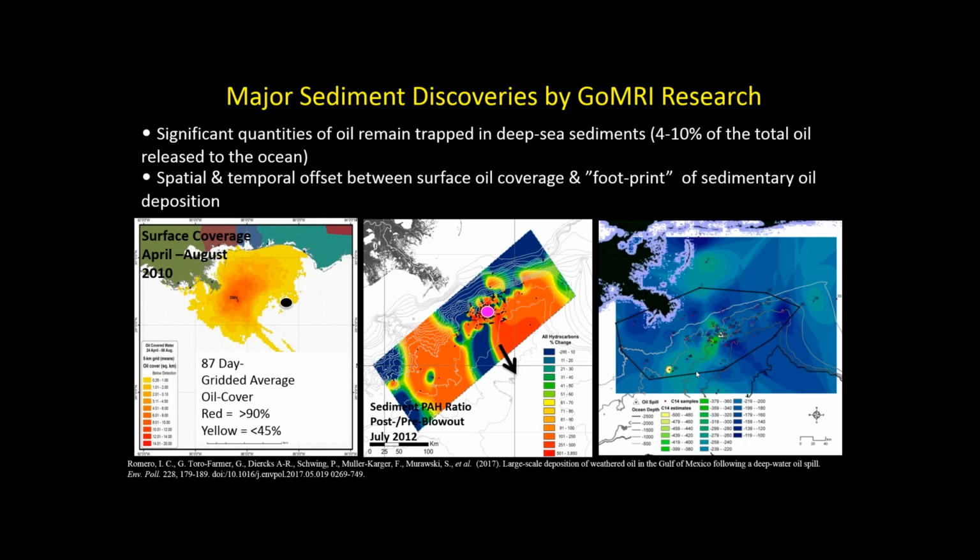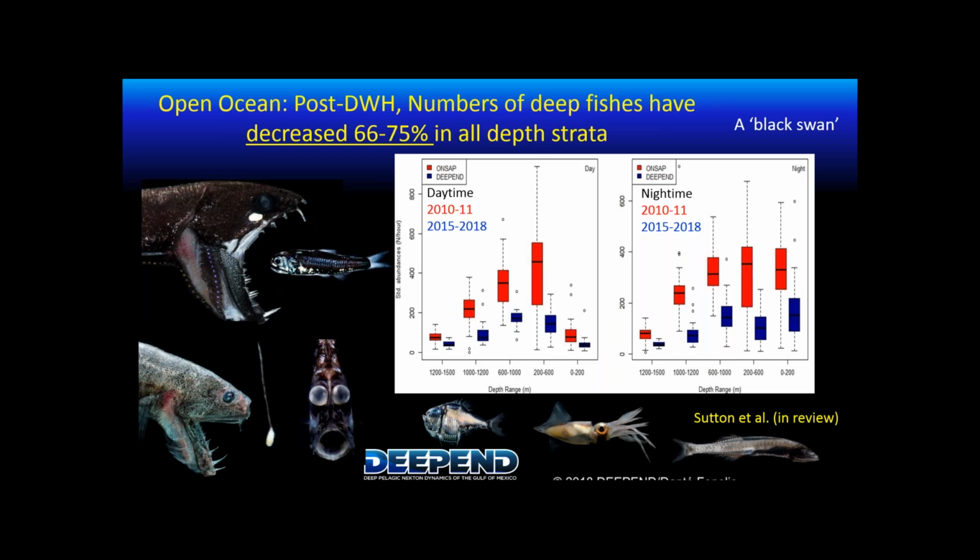So just moving on to the open ocean, one of the really startling things that was revealed by the work, and this includes not only the NOAA work where a lot of this started, but the work that my colleague Tracy Sutton and his group has been doing, is there's been a major decrease in all taxa in the mesopelagic fauna.